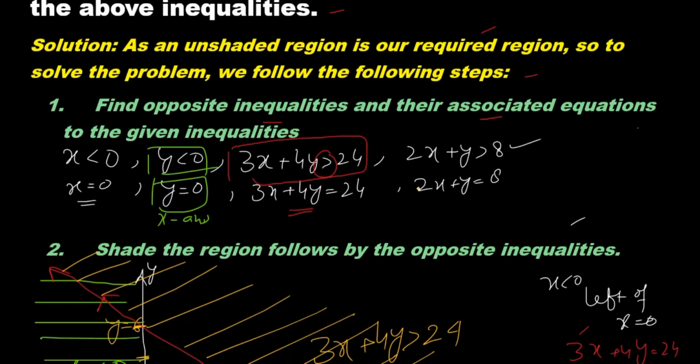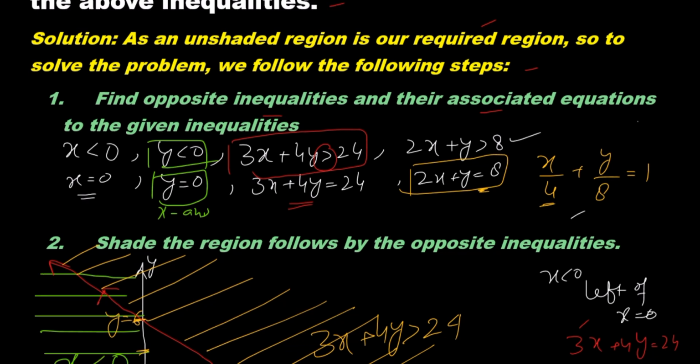So firstly we convert this line into two intercept form. By dividing on both sides by 8, we have x by 4 after cancellation, and y by 8 is equal to 1. X by 4 represents that the graph of this line will cut the x-axis at x is equal to 4 and the y-axis at 8.